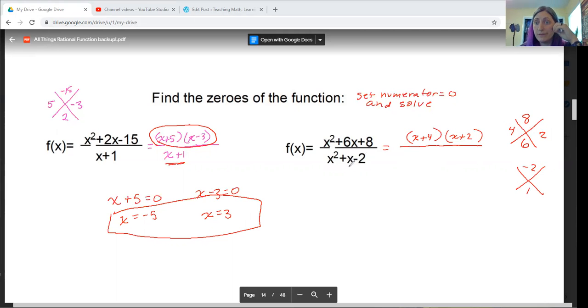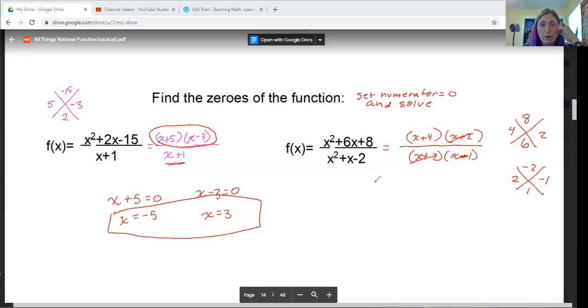Remember, if it's invisible, it's just a 1. So what multiplies to negative 2 but adds to positive 1? Well, maybe we have 2 and negative 1. Okay, again, no leading coefficient, so we can just go x minus 2 times x plus 1, my bad, x plus 2 times x minus 1, there we go, and cool, we can actually cancel this x plus 2.